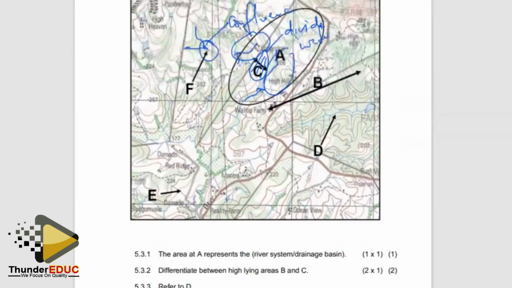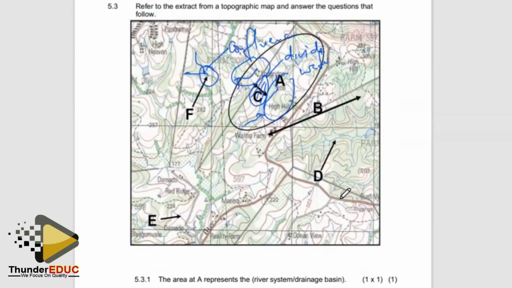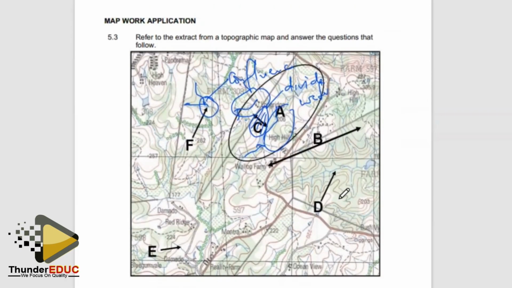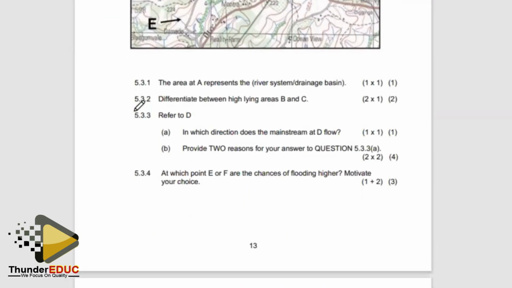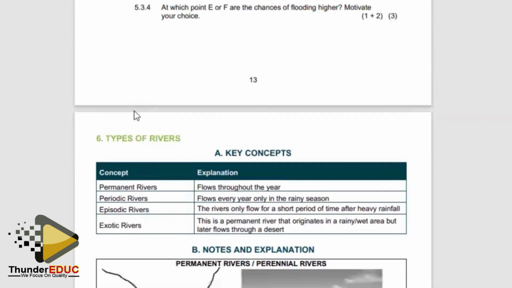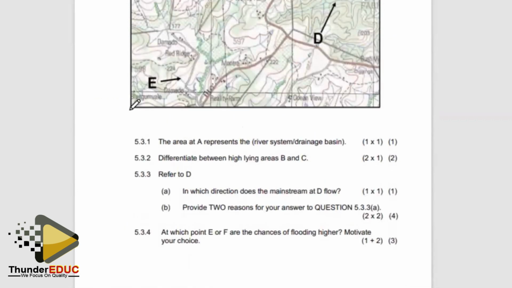If the question says, identify the direction of flow of a particular river, there are basics that you should always refer to that will give you a clue of how the river is flowing, in which direction the river is flowing towards.